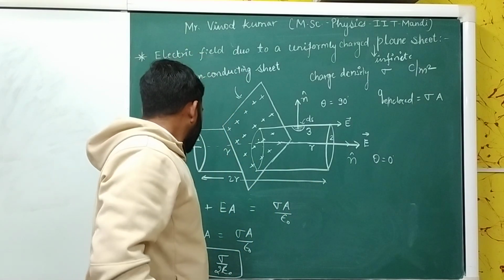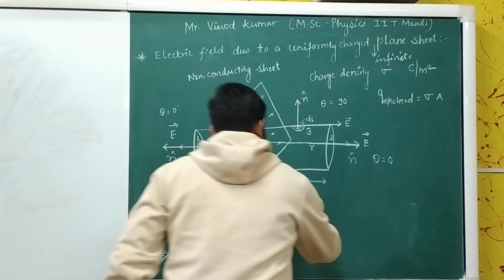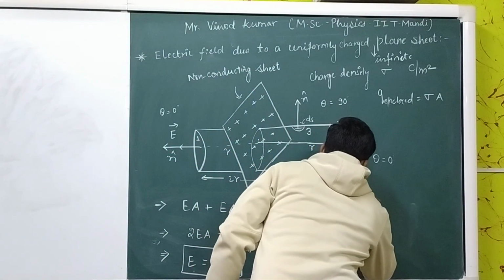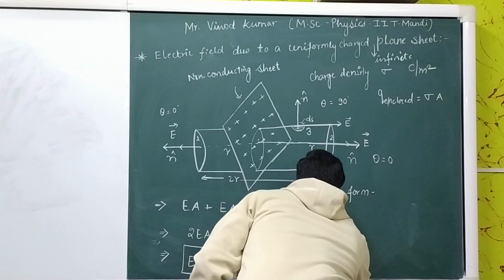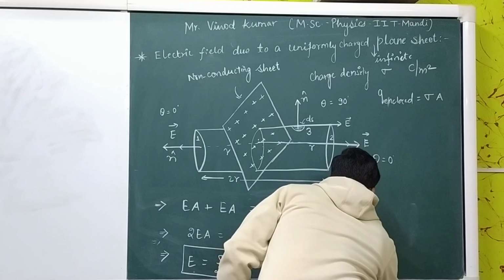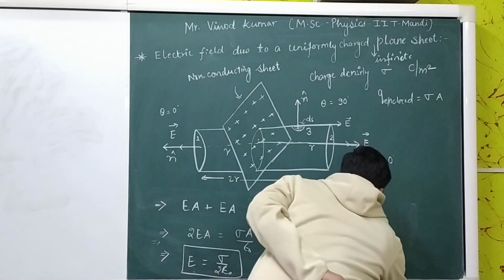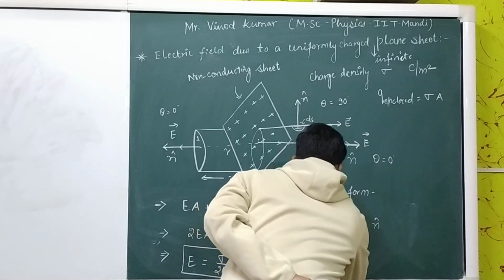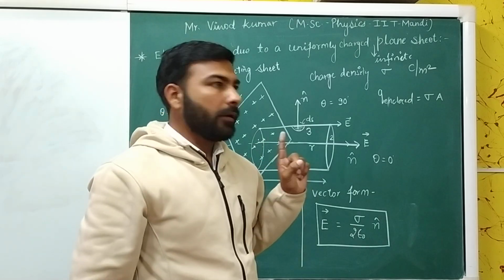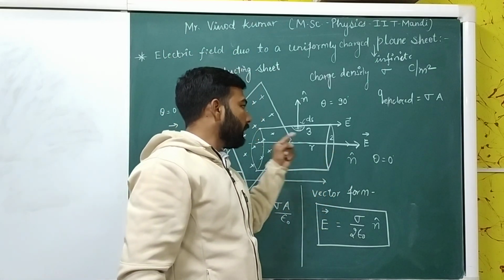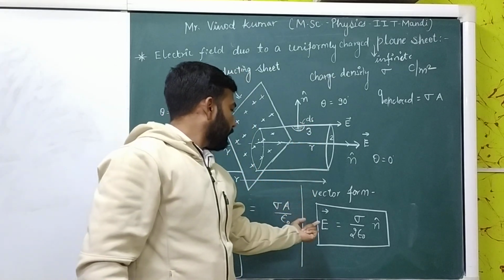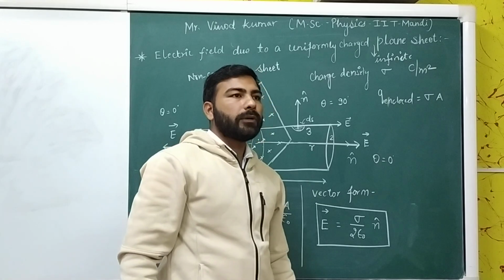And if we want to write it in vector form, it will become E vector equals sigma upon 2 epsilon naught n cap, where n cap is the unit vector along the area vector. Fine. That's the electric field.